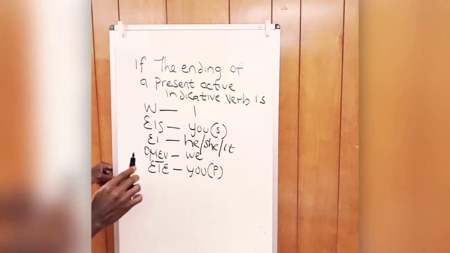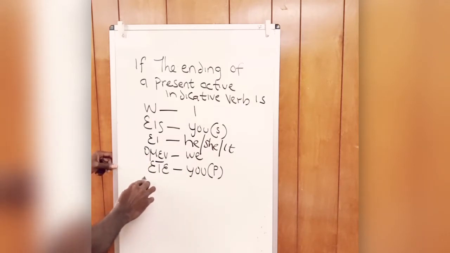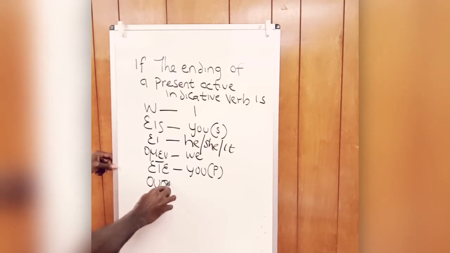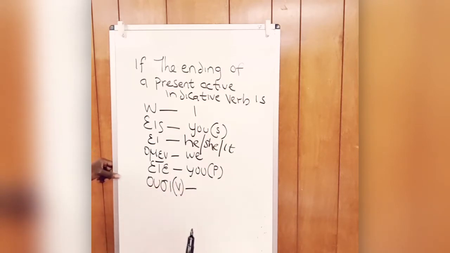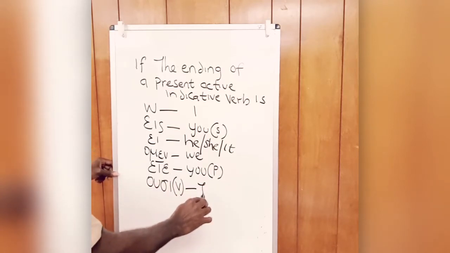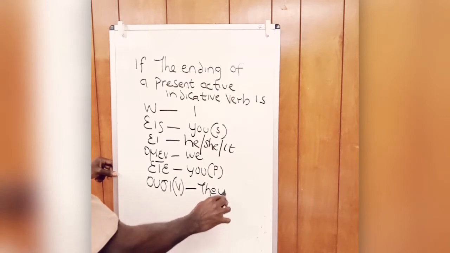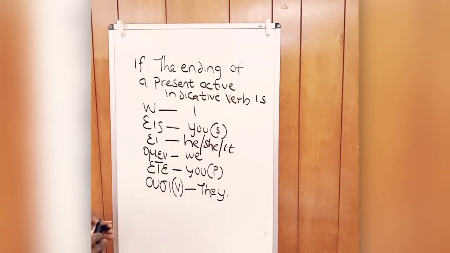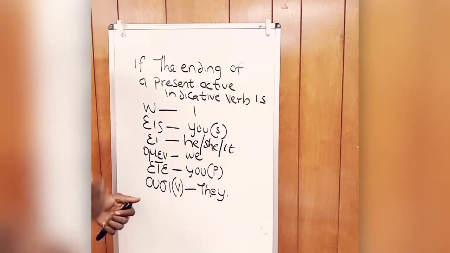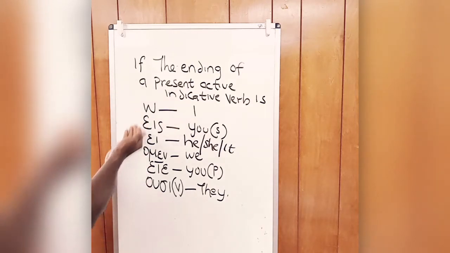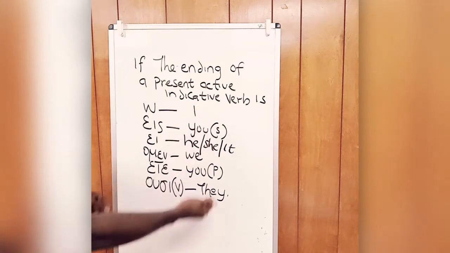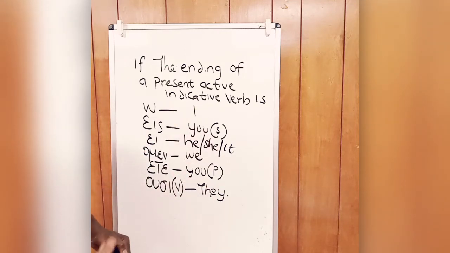Then, if the word ends with osi or osin, as the case may be, you know that the subject of the sentence is they. So with this, you'll be able to find out what the ending is and the meaning it represents.